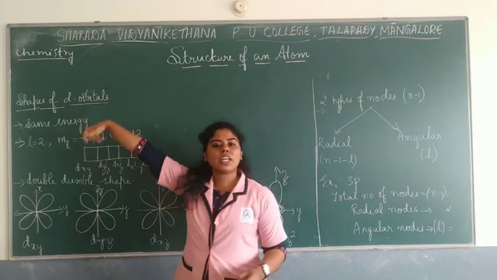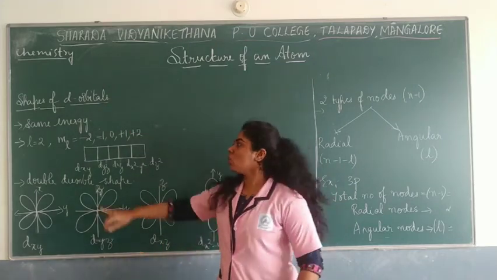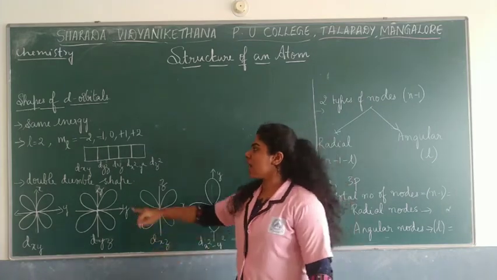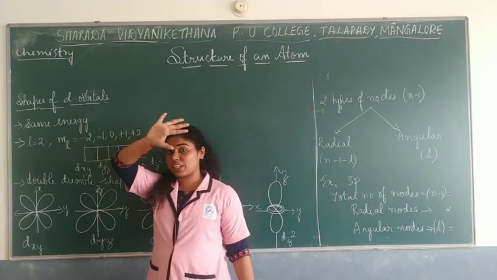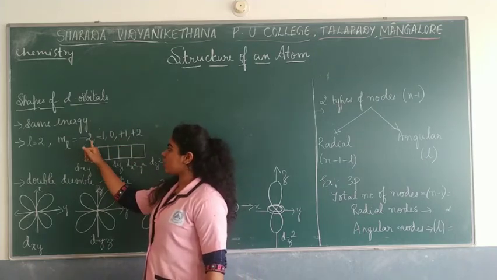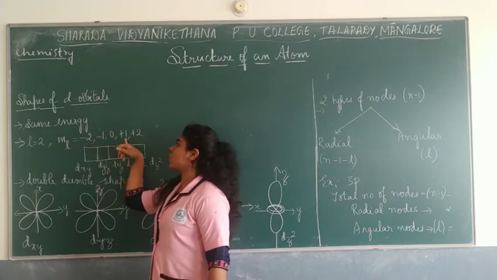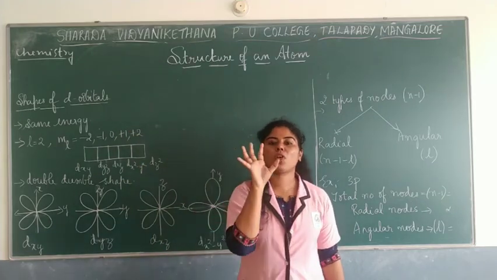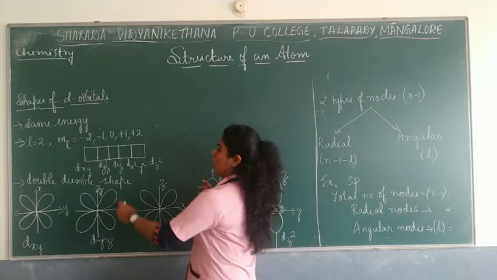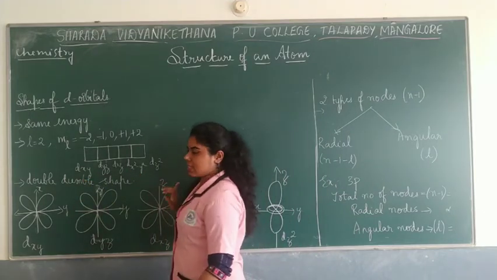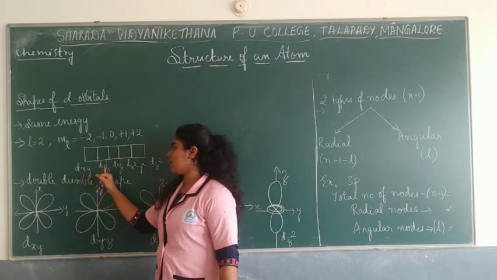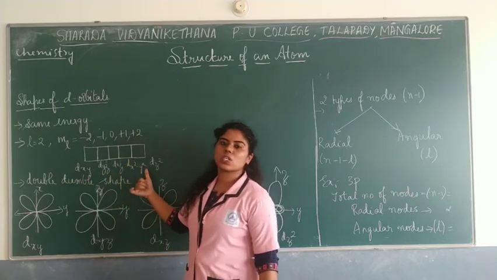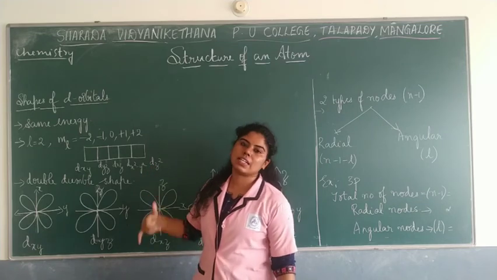As you all know, for d orbitals, l is equal to 2, right? So what would be the magnetic quantum number values? ml would be, there are totally 5 values, starting from minus 2, minus 1, 0, plus 1 and plus 2. So there are 5 orbitals which are possible for d, right? So we name them according to their axis as dxy, dyz, dxz, dx square minus y square, and then you have dz square.